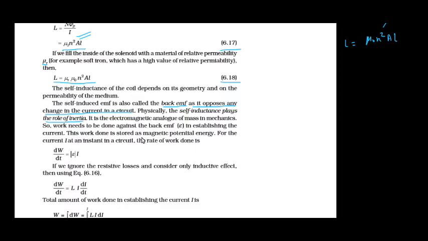The work done is stored as magnetic potential energy. For the current I at an instant in a circuit, the rate of work done, dW/dt, is equal to the modulus of E times I.